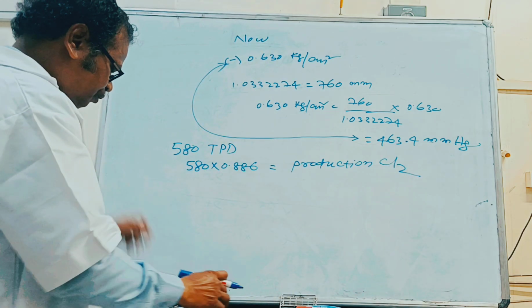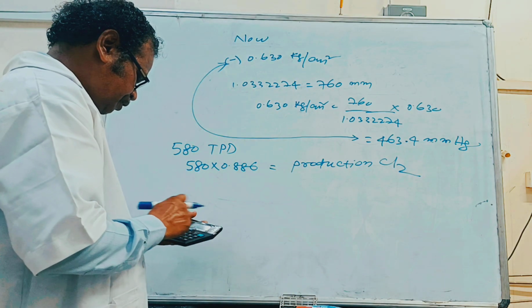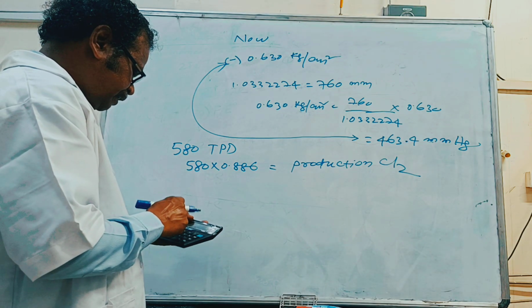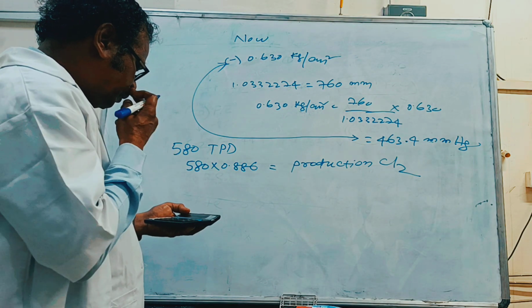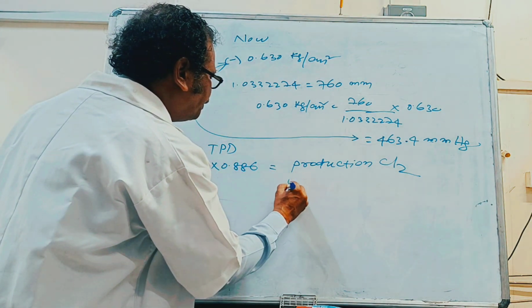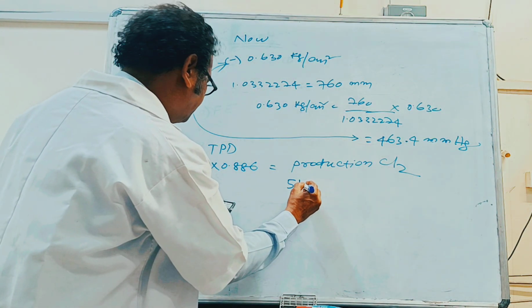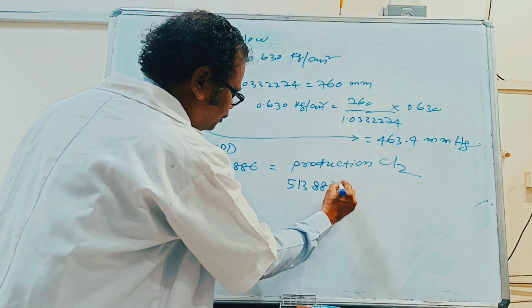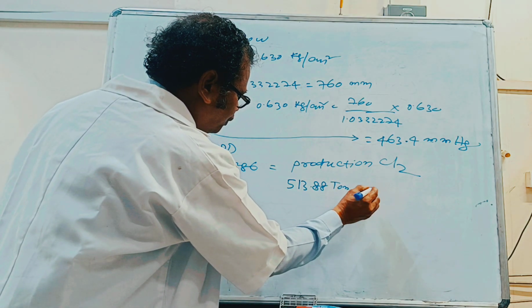So 580 into 0.886 is equal to 513.88 tons of chlorine.